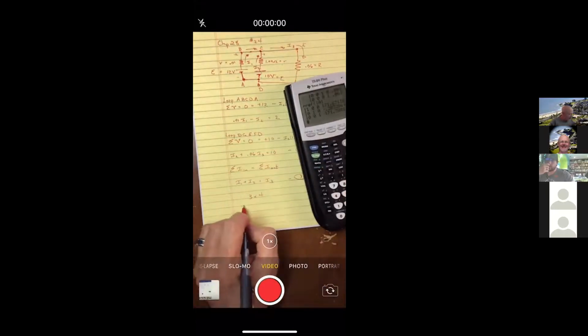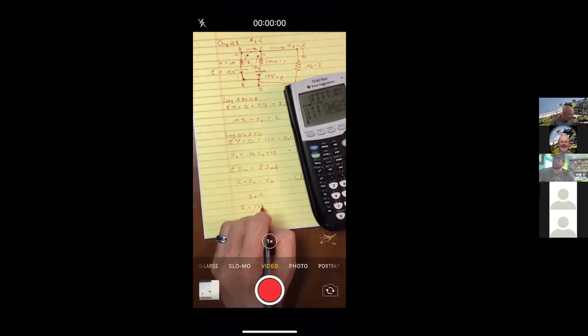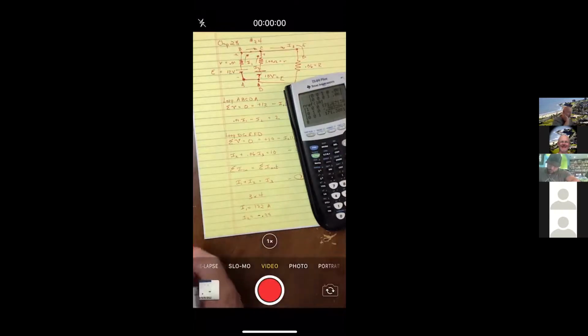And it looks like I get for current number 1, let's call it 172 amps. Oh, current number 2, that's what I was curious about, it's negative. So this battery was low enough that the first battery is actually still in the process of charging it while it's still trying to start this starter motor.